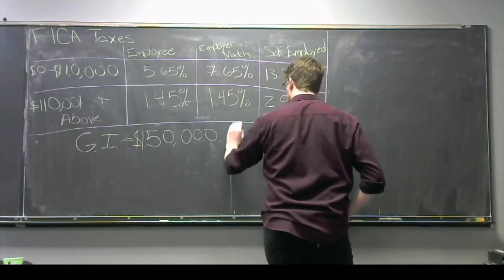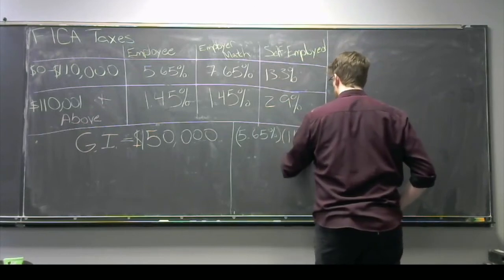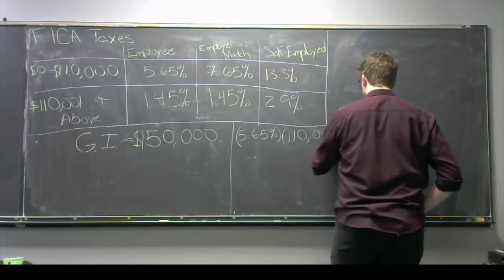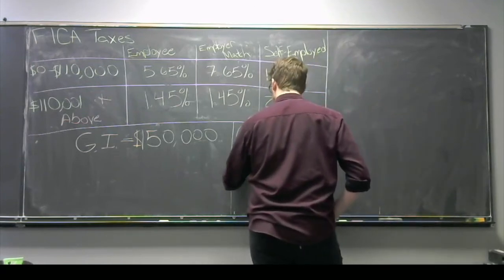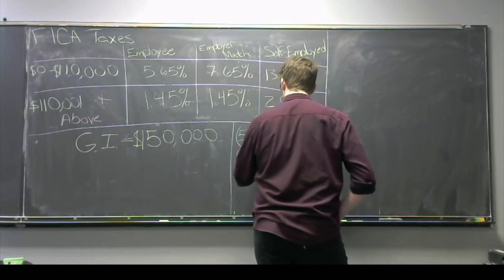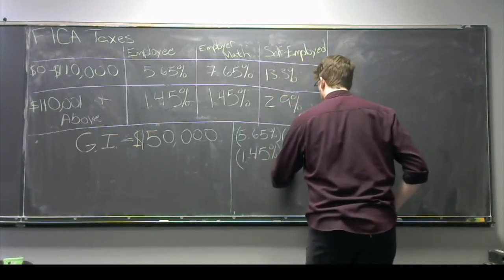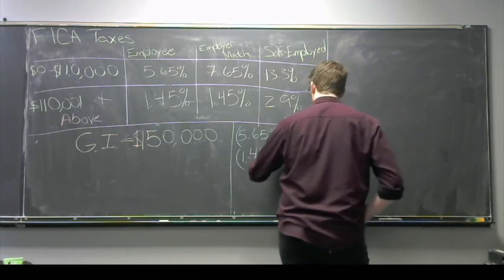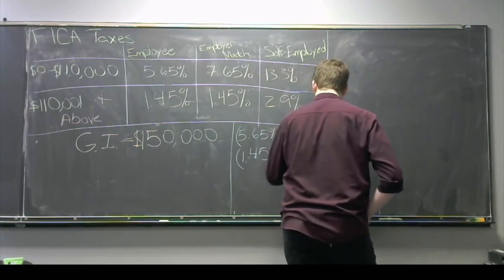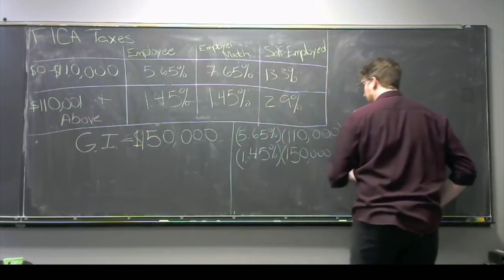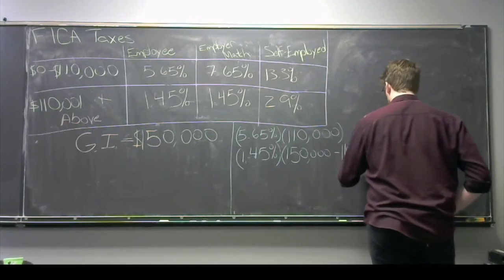5.65% times 110,000 and 1.45% times 110, my mistake, 150 minus 110,000.